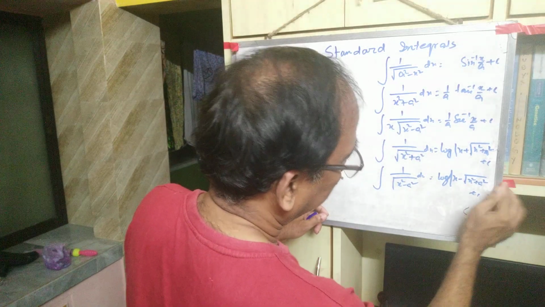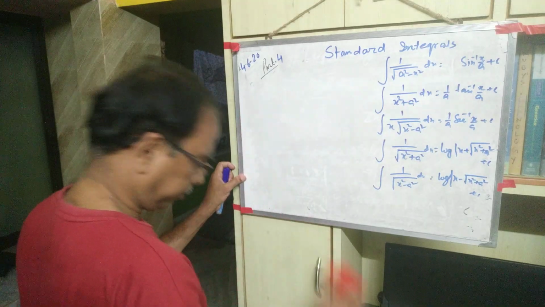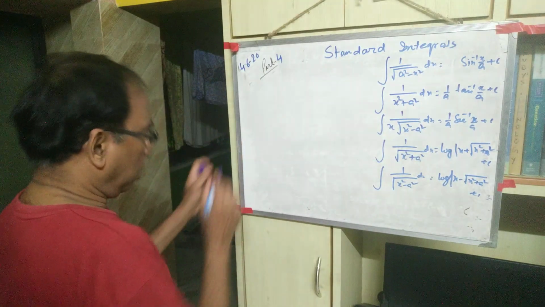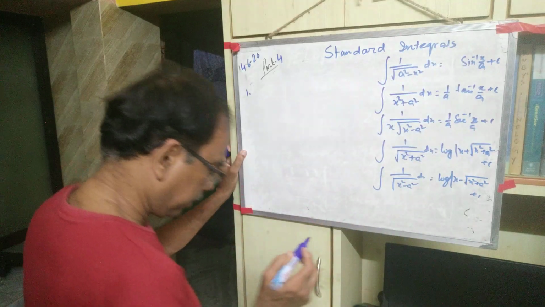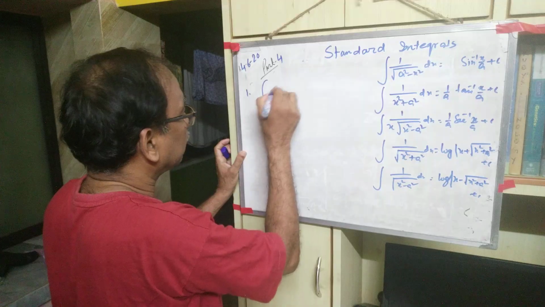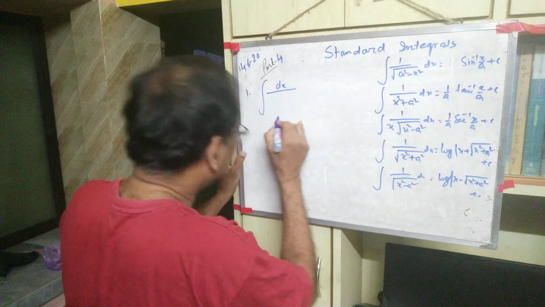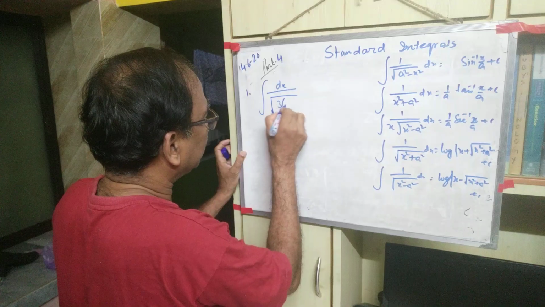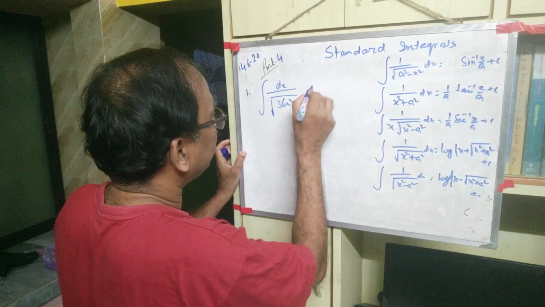Okay, now let us start a few sums from here. I am keeping this formula, it will help. Integration of dx over root over 36x square minus 25.